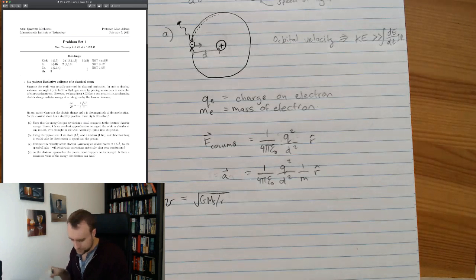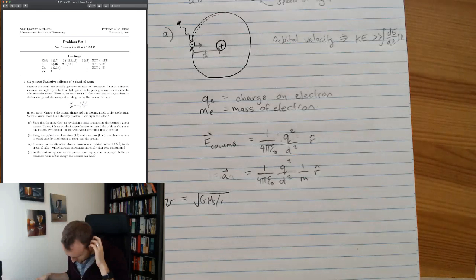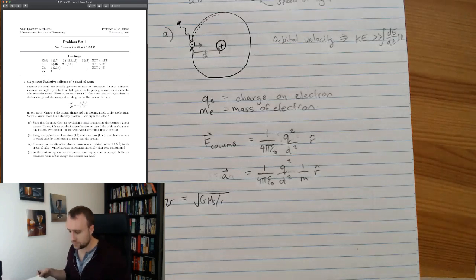Equation 12. Let's go back here. Equation 12. Oh, okay. So Ms is the mass of the sun.